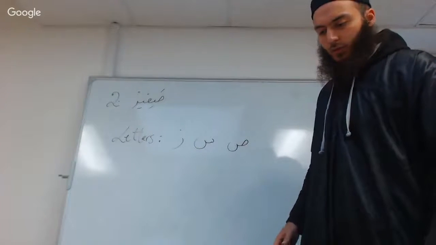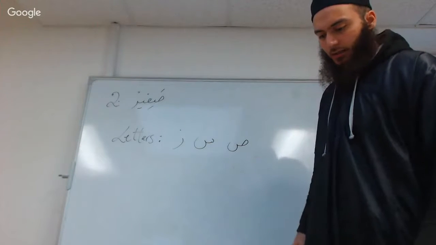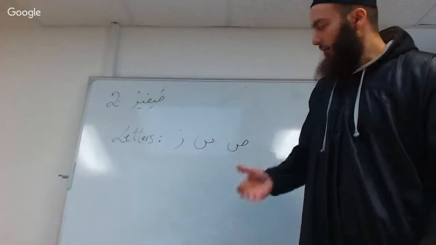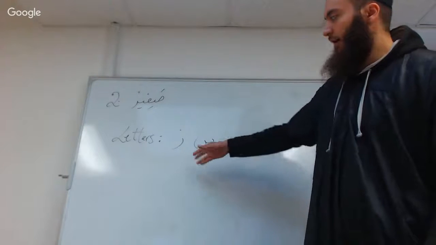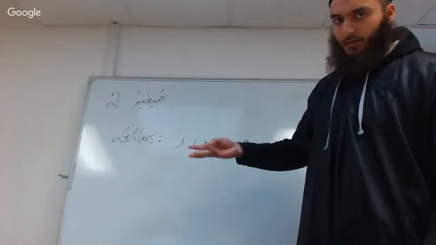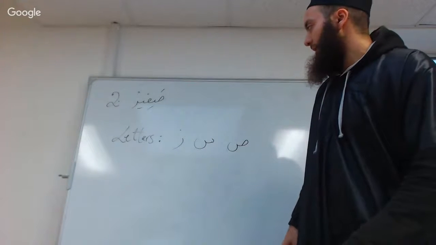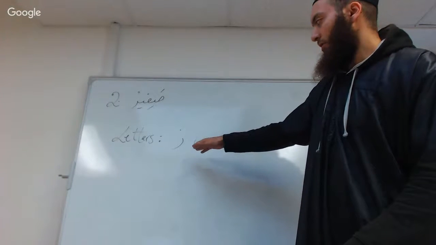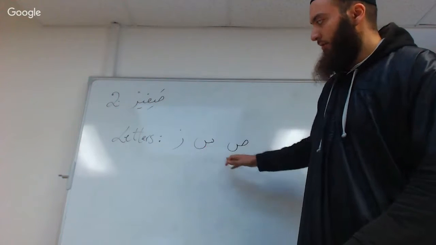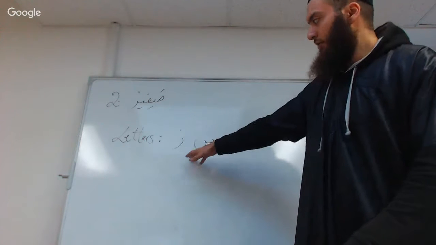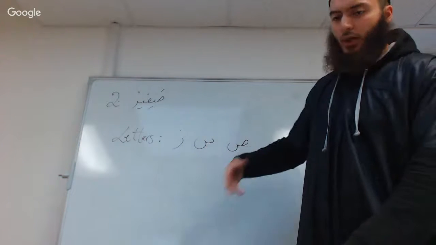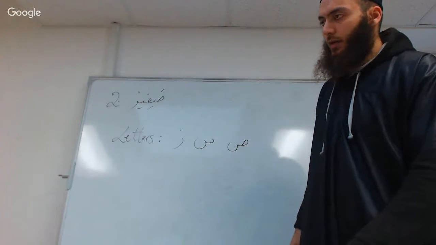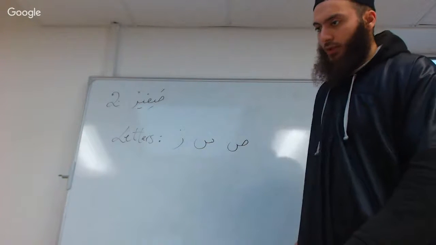Obviously, that which makes them distinct from one another are the sifat. So, for example, the sad has isti'la and itbaq, the sin has istifal and infitah, the zay has istifal but does not have hams like the sin and the sad, and has jahr instead. So that's why they're all different. But in terms of makhraj, they're all very similar. If you recall, when we were discussing the exit point of the tip of the tongue.